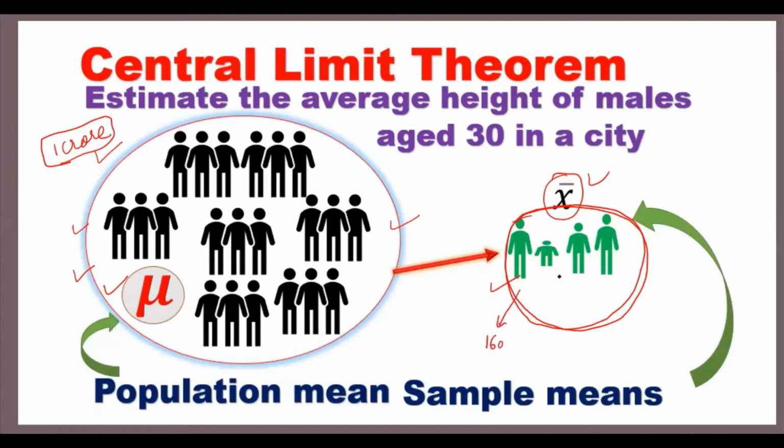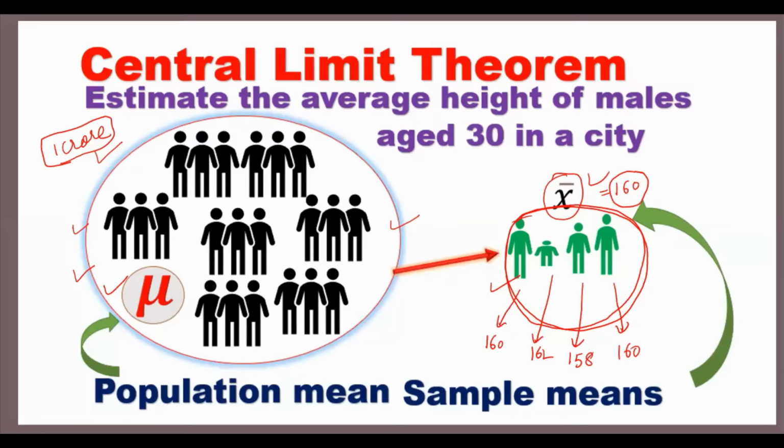160 centimeter, 162, then 158, and then 160. Then we can find easily x bar, and that is 160. So basing on x bar, we will not be able to estimate mu properly because this is only one sample.